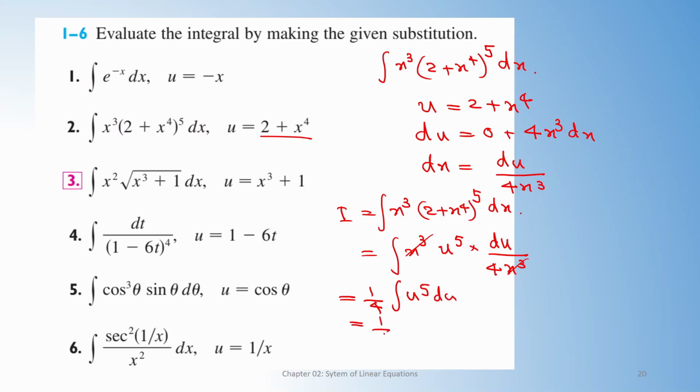So 1 over 4, u to the power 5 plus 1 is 6, over 6, plus the integral constant, giving 1 over 24. U is 2 plus x⁴, to the power 6, plus the integral constant. Okay, that's how you get the formula. The third one I will leave as homework for you.